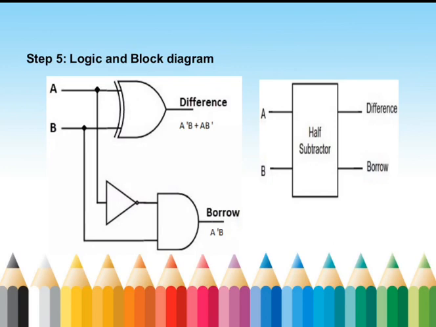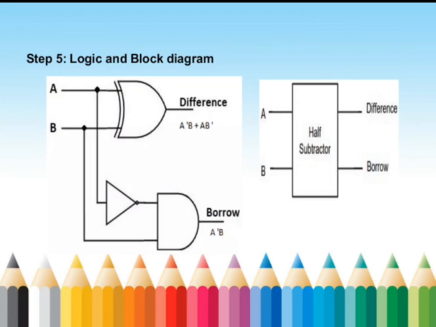That means an AND gate having inputs A prime and B gives the borrow output. Similar to the logic diagram, the block of the half subtractor has been constructed with input variables A and B and output variables difference and borrow. This is the half subtractor.